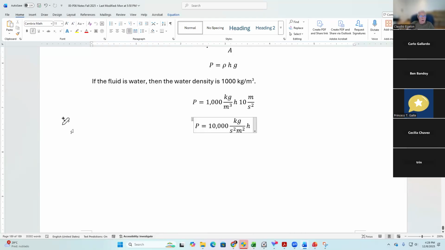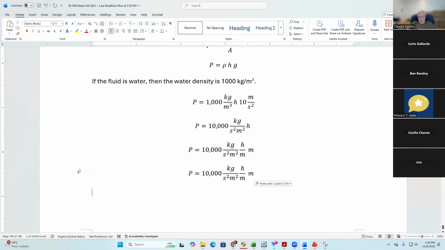Let's write it down in terms of something else here. Now, what I'm going to do is multiply by meter and divide by meter.